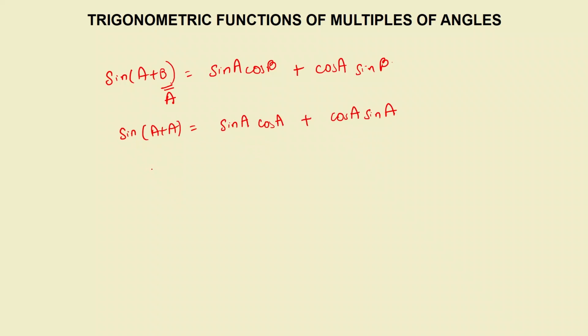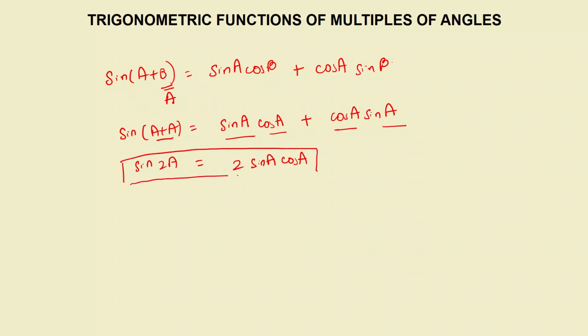Now I can simplify this: a plus a is 2a, and sine a cos a plus cos a sine a is nothing but 2 sine a cos a. So this gives us a new formula: sine 2a is 2 sine a cos a.